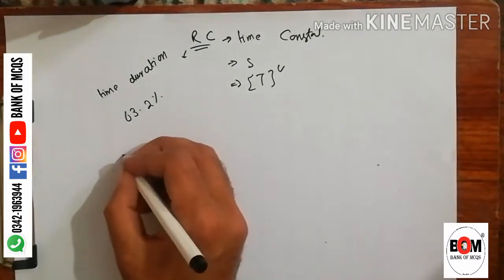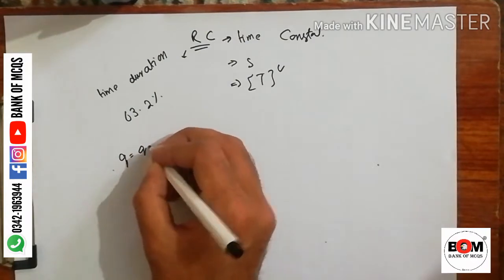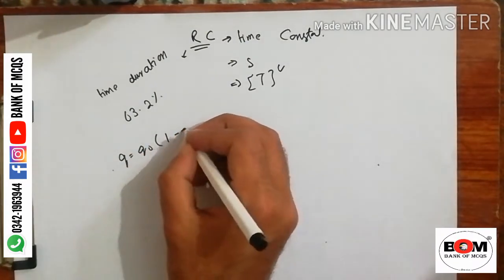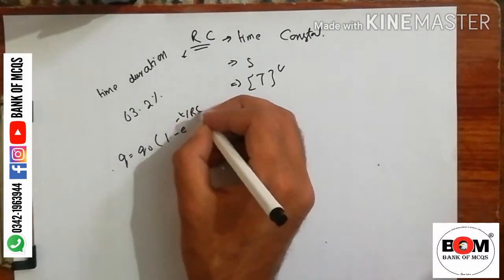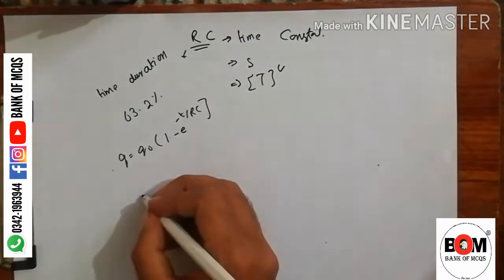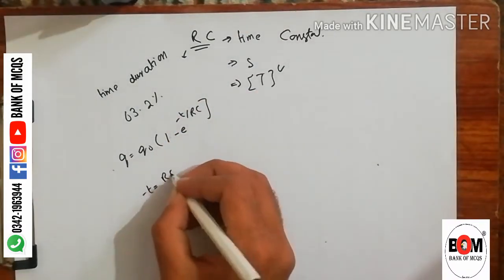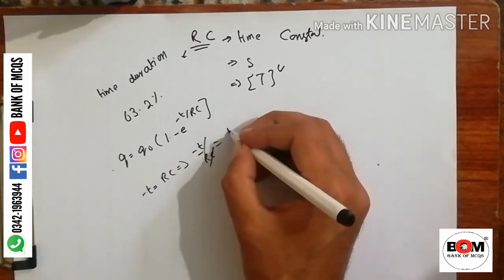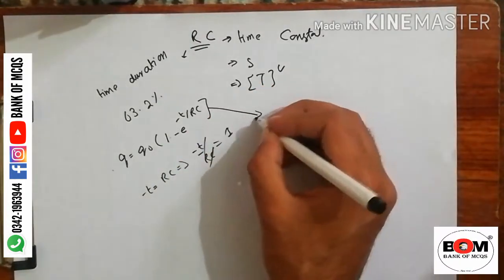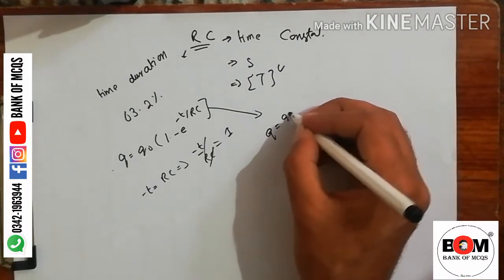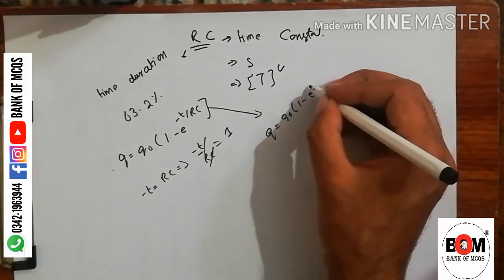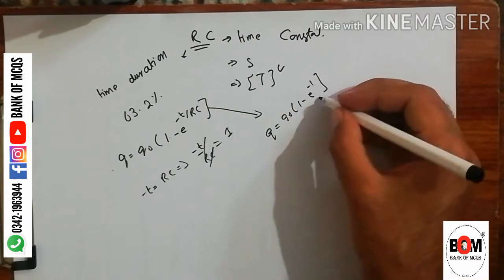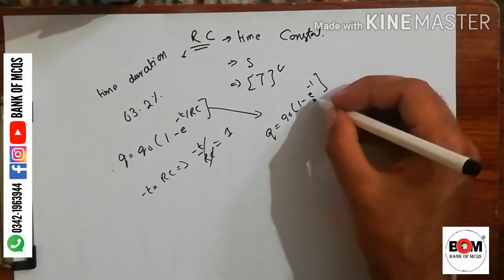So we know that for charging, Q is equal to Q naught times 1 minus e to the power minus t divided by RC. Putting t equal to RC, this will become minus RC divided by RC, which is minus 1. So the equation will become Q is equal to Q naught times 1 minus e to the power minus 1, where the value of e is 2.718.